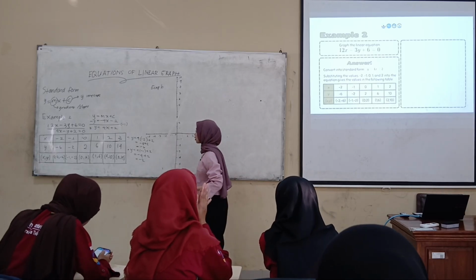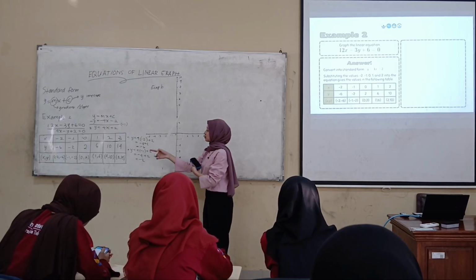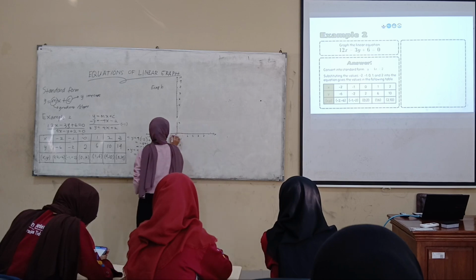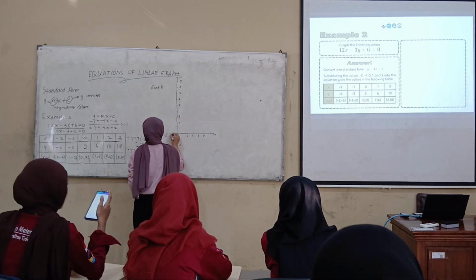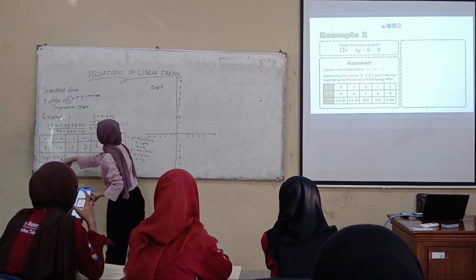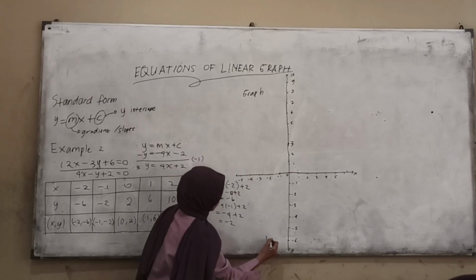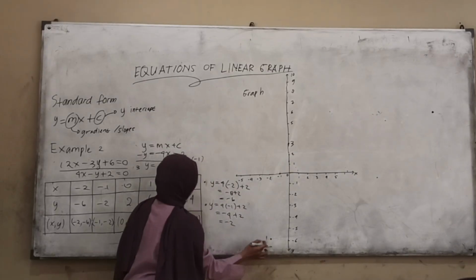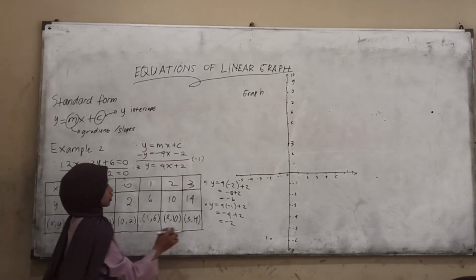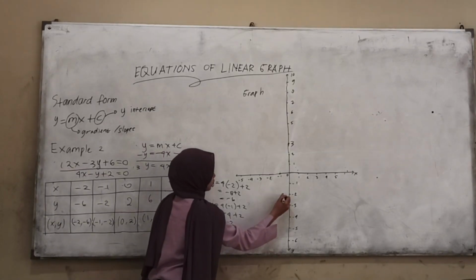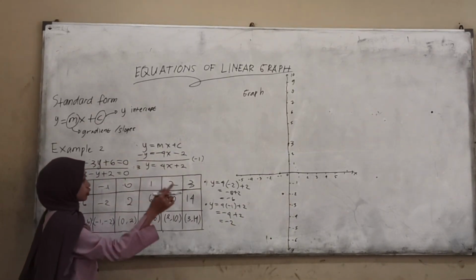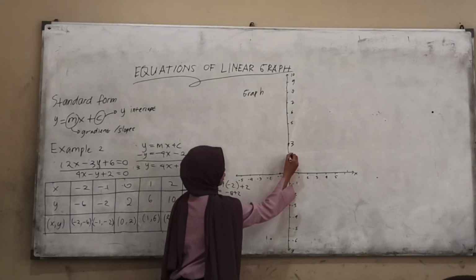Okay, so we have to draw these coordinates into this graph. If we have minus 2, minus 6, it will be here, right? Minus 1, minus 2, it will be here. And then 0, 2, it would be here.